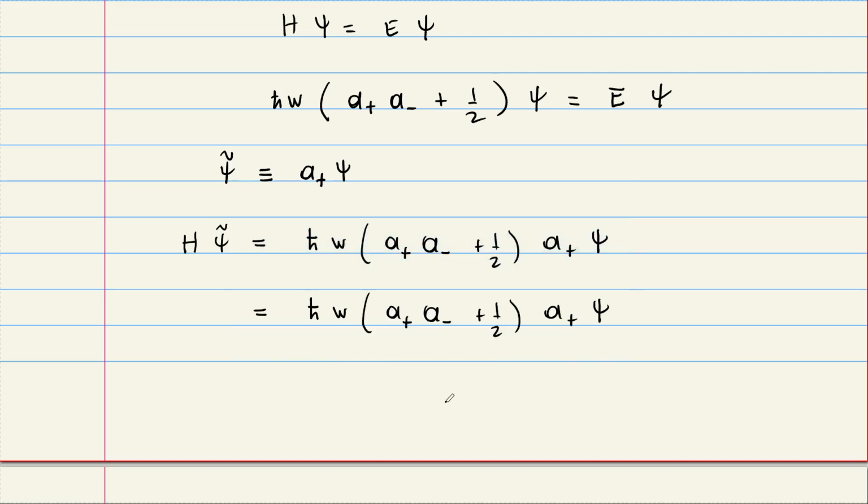So what do I want to do? I want to act this H on psi because I know what it does. If this thing in the circle hits on psi, I know it's very simple. It's just going to give me a number E, and a number can just move around.